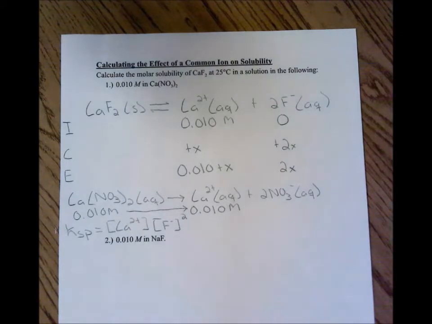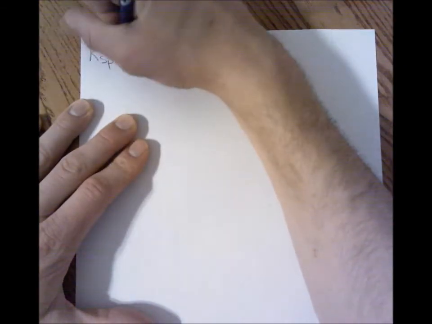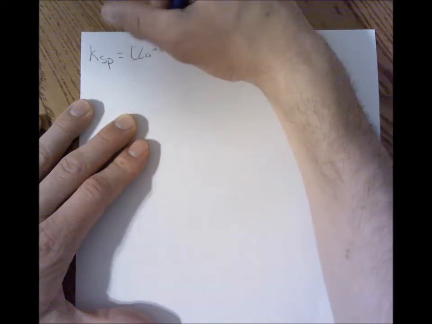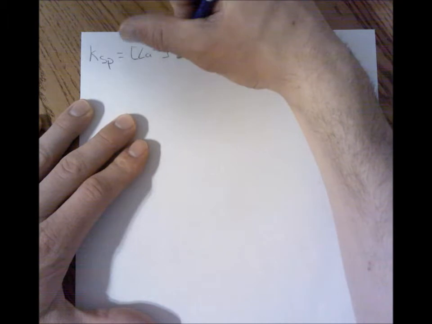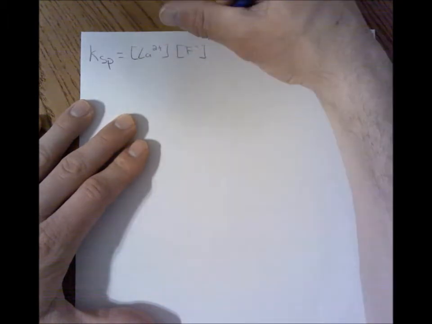All right, so what I'm going to do with my other sheet of paper here is rewrite that equilibrium constant expression. So we said KSP is equal to the concentration of calcium 2 plus ions times the F minus, the fluoride ions, squared because of that coefficient.